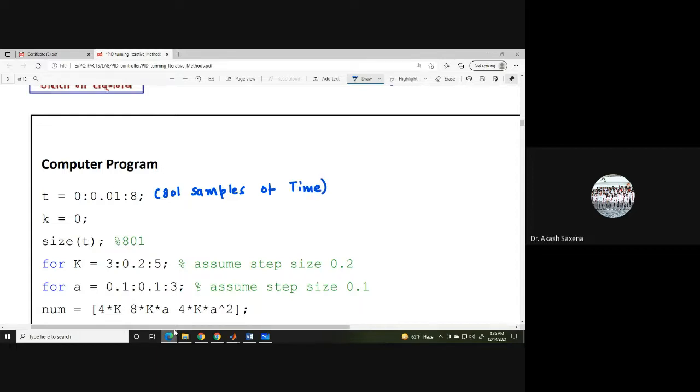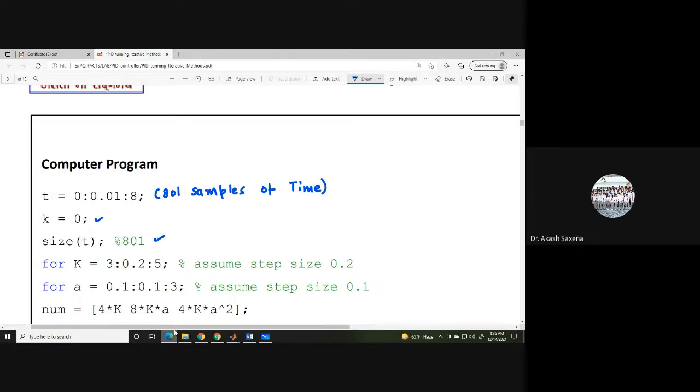Now here I am initializing k is equal to 0. This is a simple numerical indicator which I will use for looping purposes. If I want to know the size, I have written the size command.